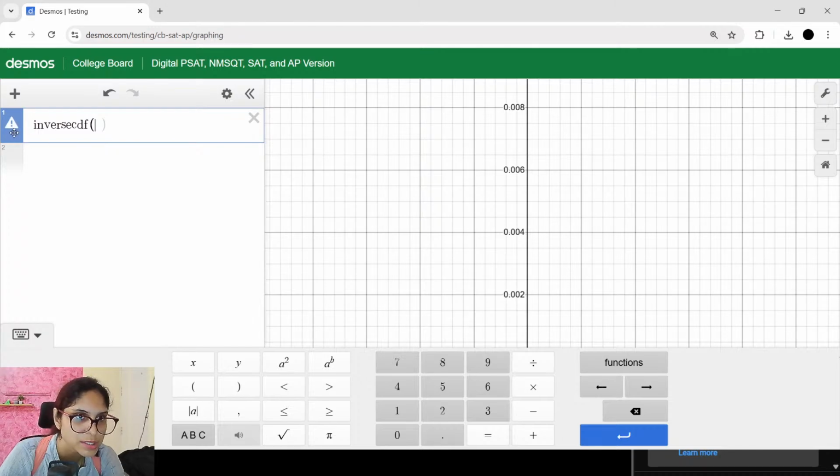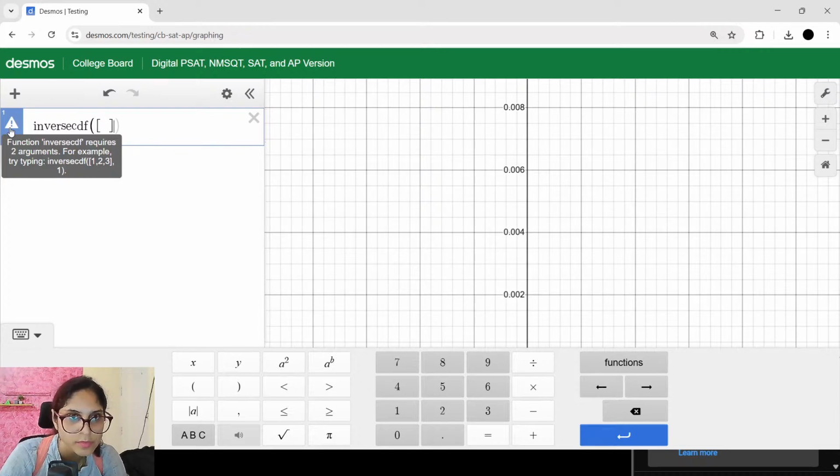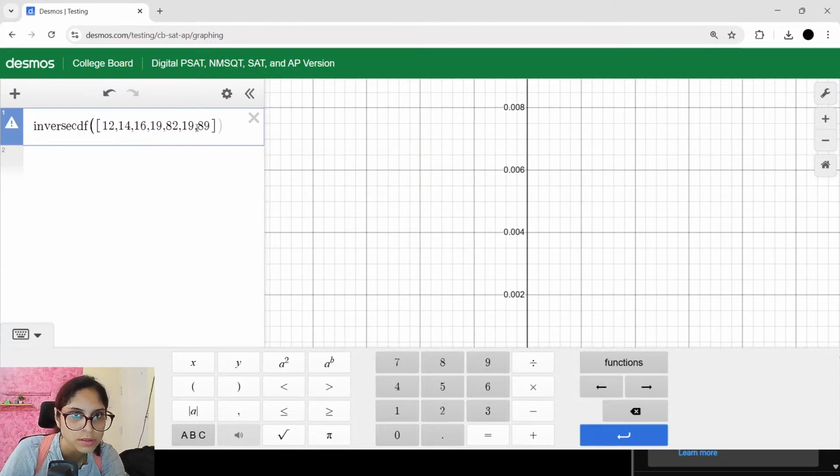Similarly, you can write inverse CDF. So here also I'll show you how you can use it. You have to give, again, the values, and then you have to give a number. So first is this much, 2 is undefined, 3 is also undefined.